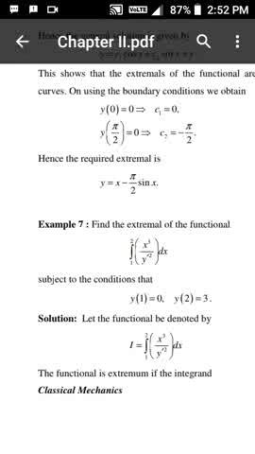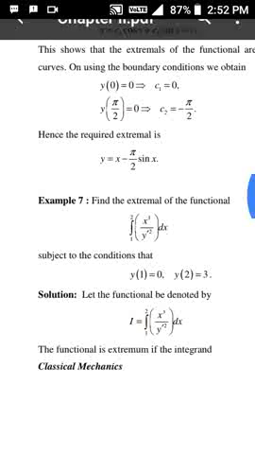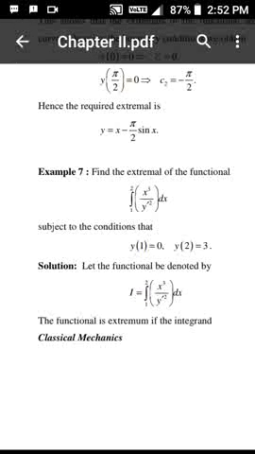Today I discuss the examples on the Euler-Lagrange differential equation from the variational principle of classical mechanics, semester first, MSc first.